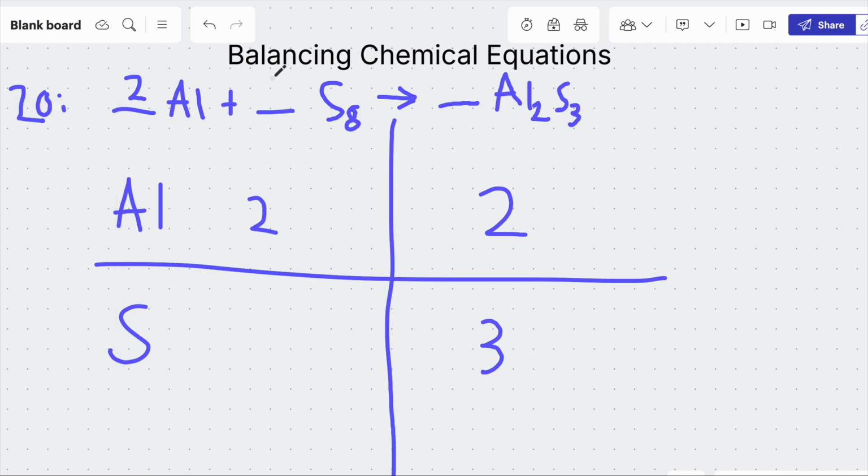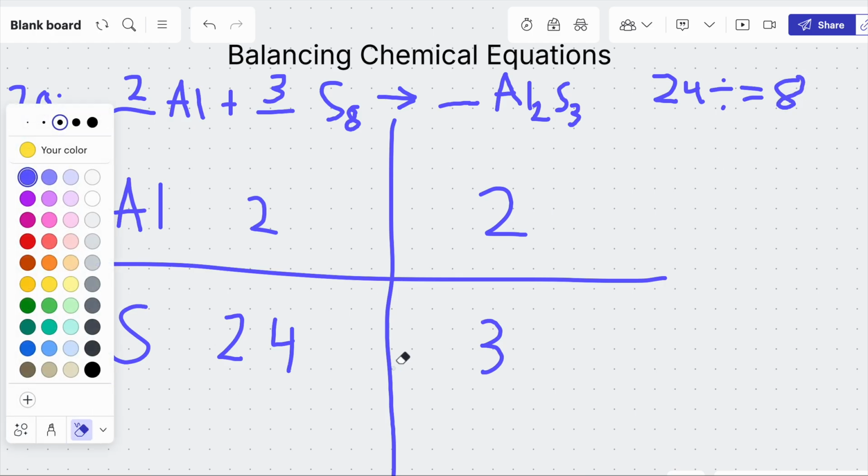Let's try bumping that up to 3. So 3 times 8 gives us 24. We know this one will be divided by 3 because we just multiplied it by 3. But if we do our 24 divided by 3 in a calculator, we'll end up with 8. I wrote that wrong, there's supposed to be a 3 there.